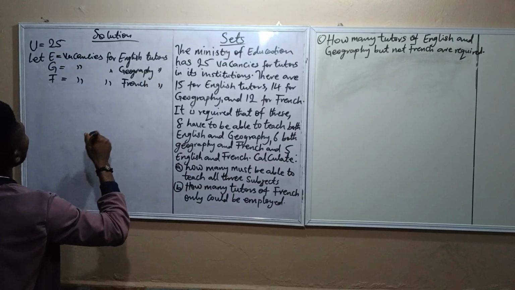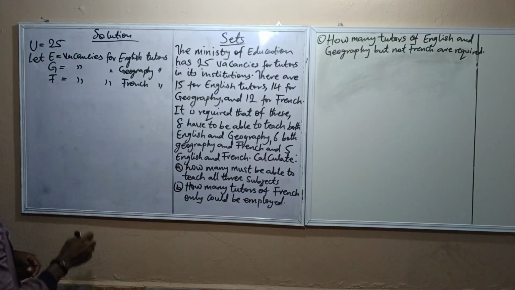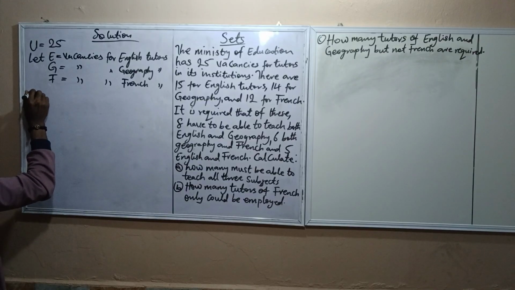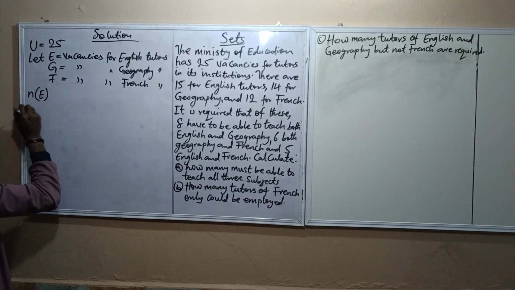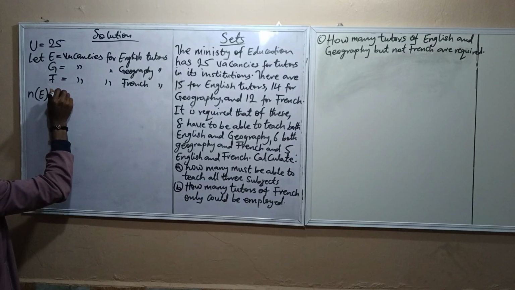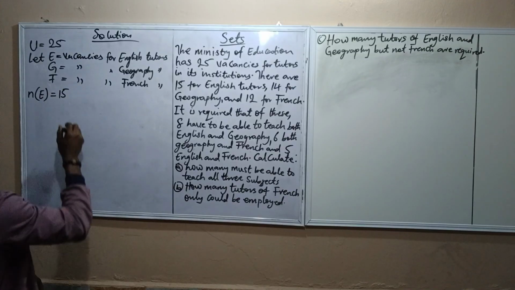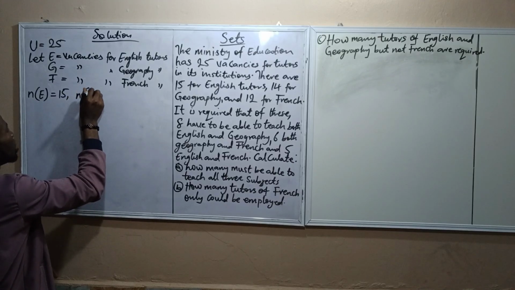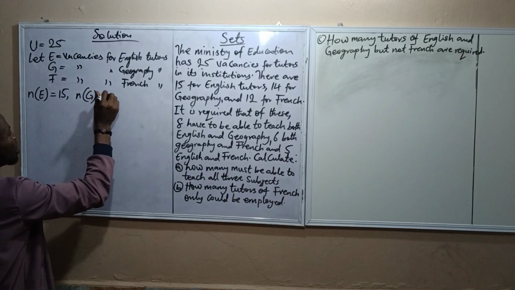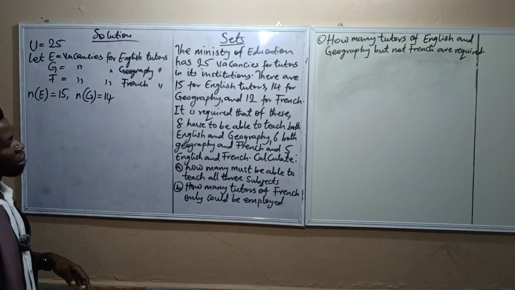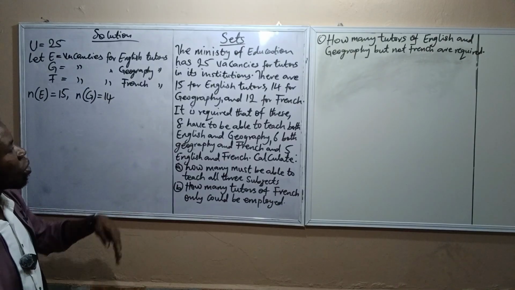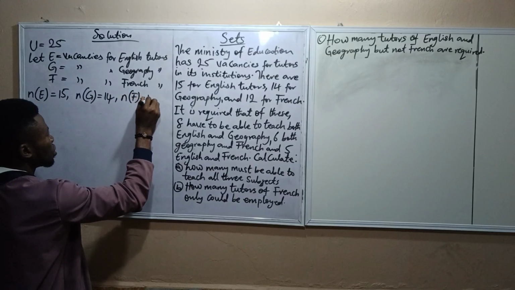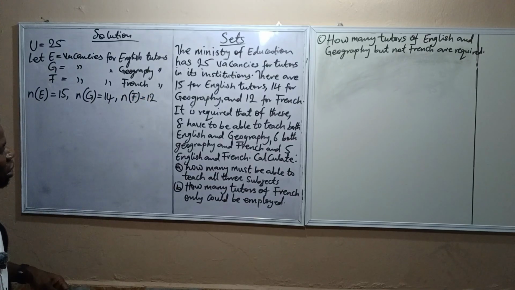Now, from the information, there are 15 for English tutors. That means number of E equals 15. Then 14 for geography, number of G equals 14. And the 12 for French, the number of F equals 12.